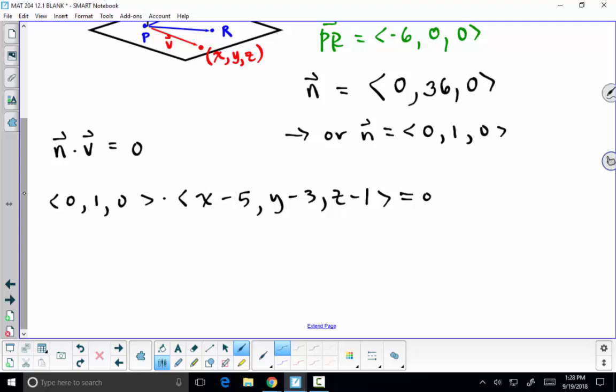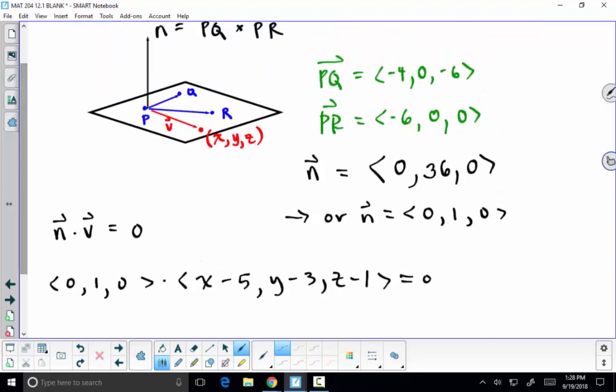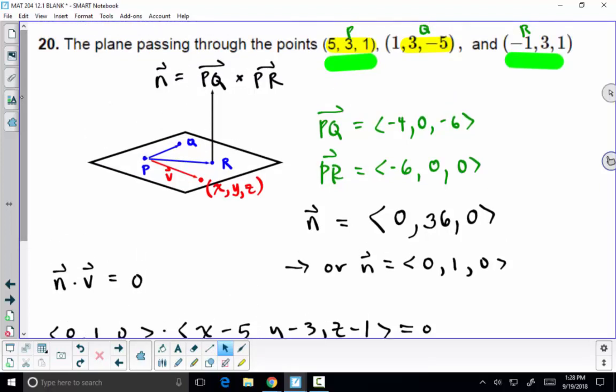Now, that said, could we do what you suggested? Could we conceptually say, let's move this over to here, and let's do x minus 1, y minus 3, z minus 1? Would that work? That would also work.